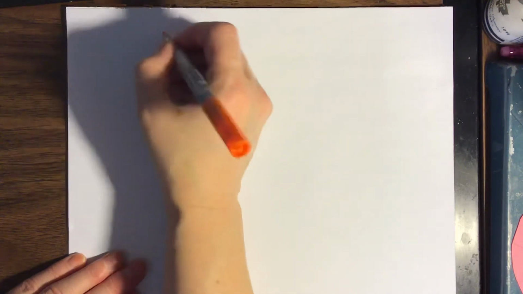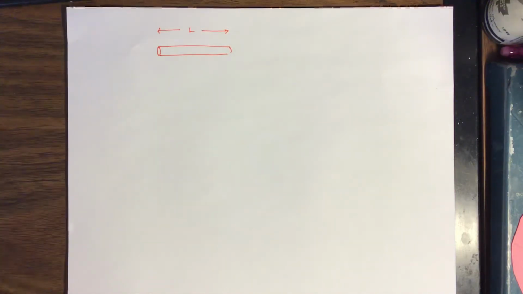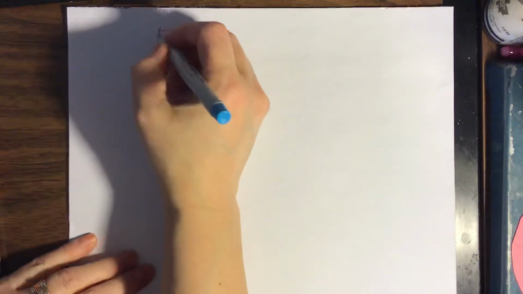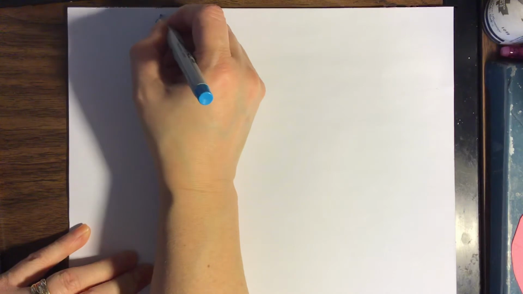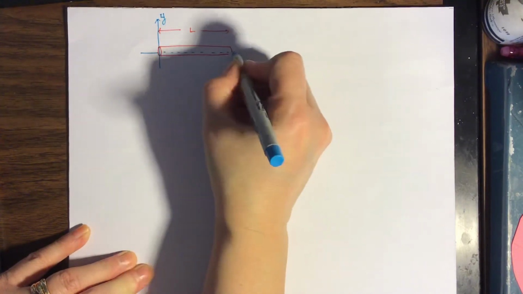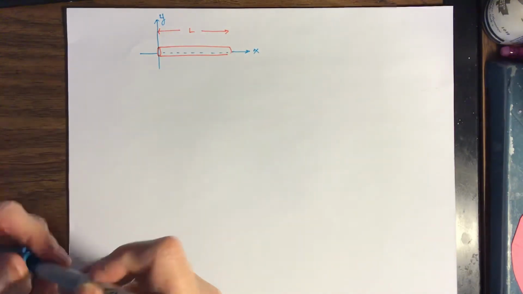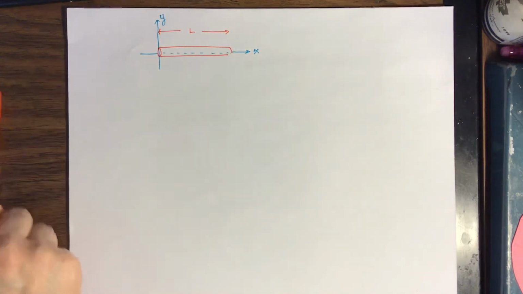It's still got length L. I'll put that in up here. Put in my coordinate system, x and y. Still have to take x equals 0 at the left end of the rod because that's what's given to us in the problem. It says x is measured from the left end, so that's where our origin has to go. And now let's put in our point D.